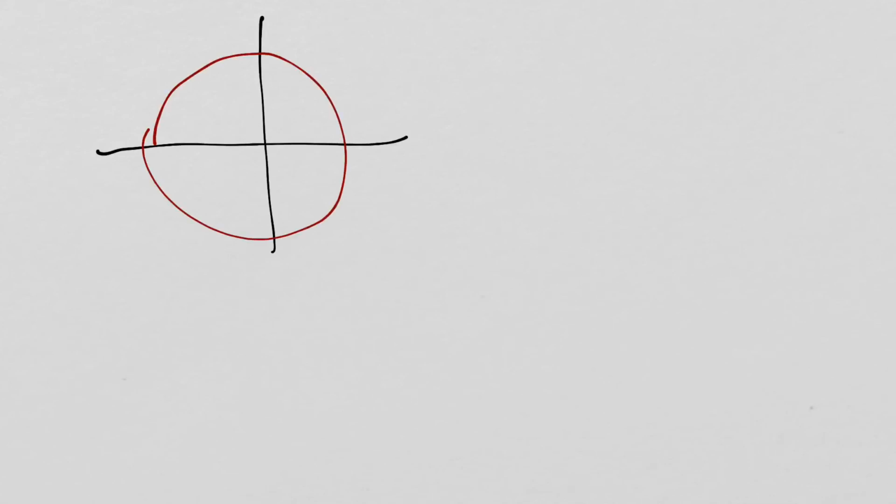Suppose we're given the following unit circle. And we have a point on the unit circle. Then if we draw a ray connecting the origin to our point and the origin to the point 1, 0, then we just defined an angle between the point x, y and the point 1, 0.